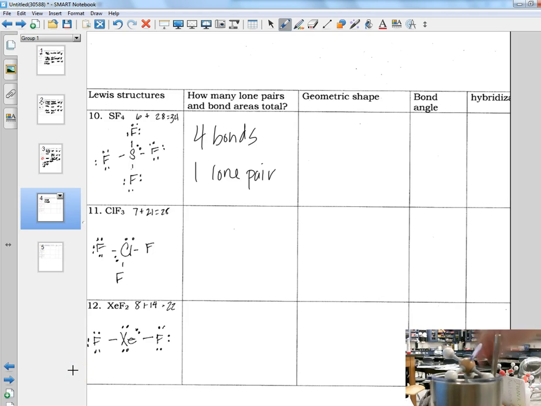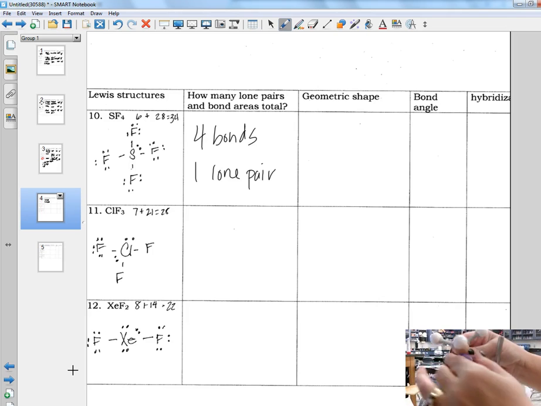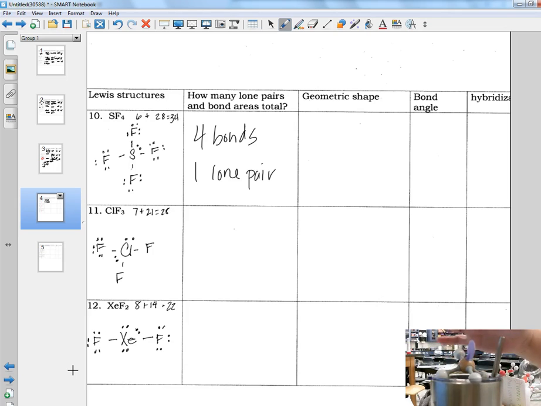This is our shape, and the shape's name is seesaw. And if you think about it, that's because if you turn it like this so that it's on its lone pair, you can twist it back and forth like a teeter-totter or a seesaw. Or you can set the two middle 120-degree angle and it teeter-totters back and forth, whichever way you see it better.